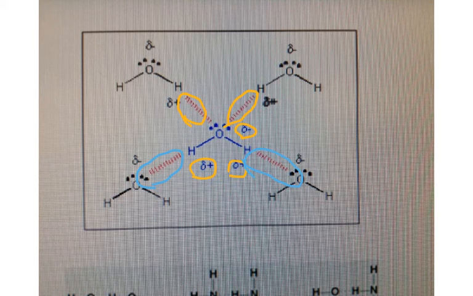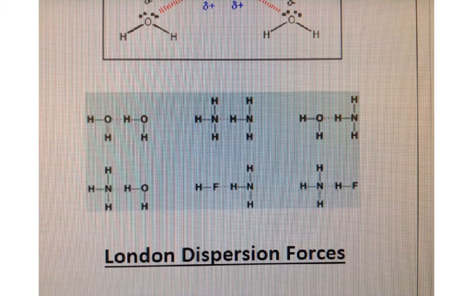This hydrogen bond primarily comes about because the hydrogens are attracted to the lone pairs found on the nitrogen, fluorine, and oxygen. What I want you to note is that hydrogen bonds can exist between any type of molecule as long as your hydrogen is always bonded to either your F, your O, or your N. In particular, let's look at this one over here.